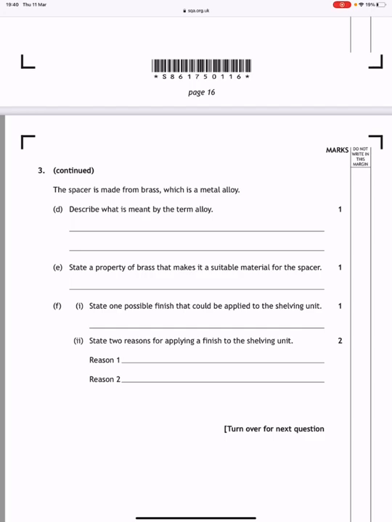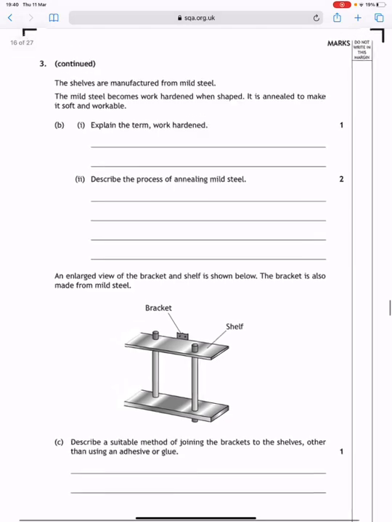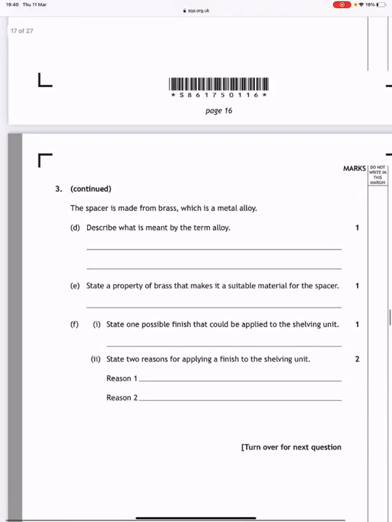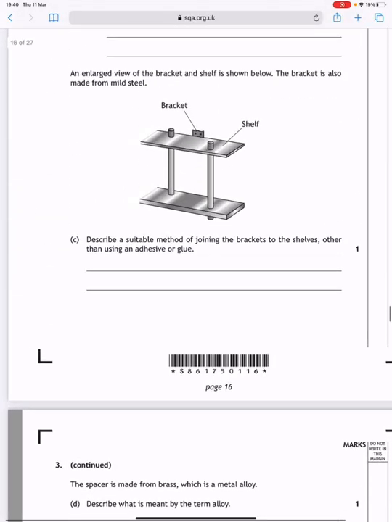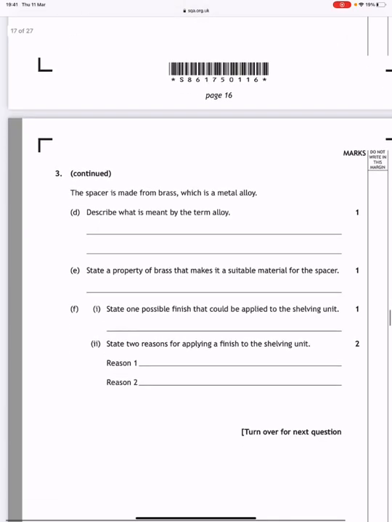Well, brass is a hard-wearing metal, which is probably a good idea to use it for the spacer. No, wait a minute, forget that. In this particular case, brass is an attractive metal. So you would use that for the spacer.